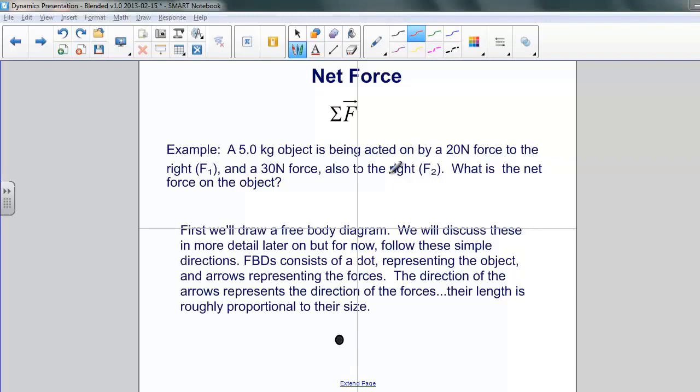Before we get started with this, there's one thing I want to bring up. What you should be seeing here is that we're identifying these forces as F1, the first one, and F2 as the second. So these little numbers down here, what do they mean? Well, they're subscripts. They're just our little way of distinguishing one thing from another.